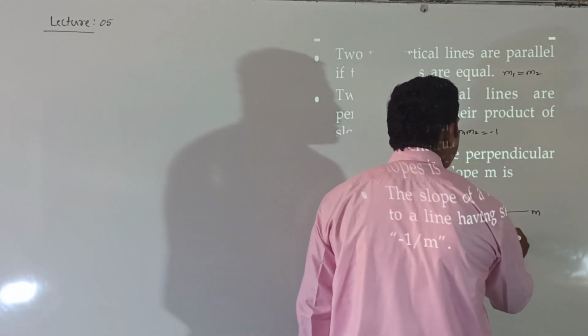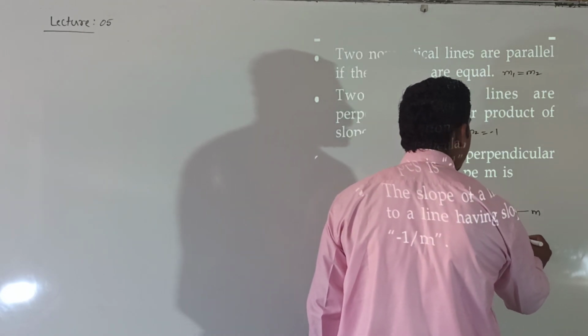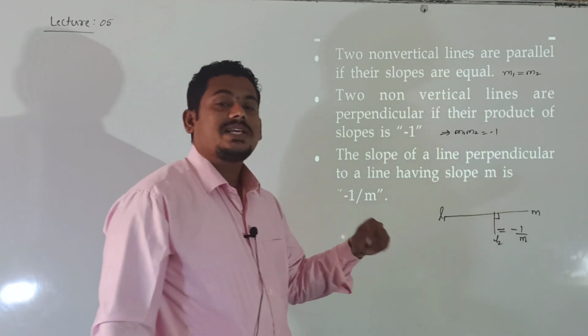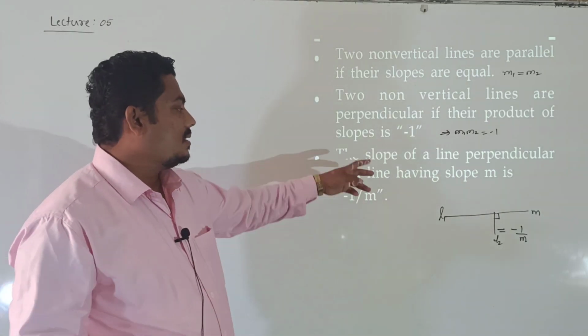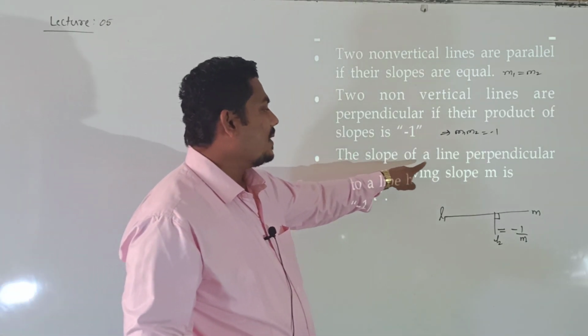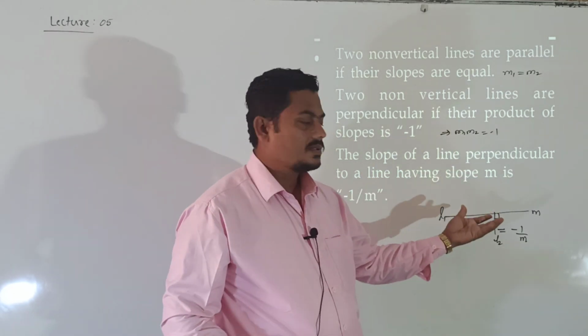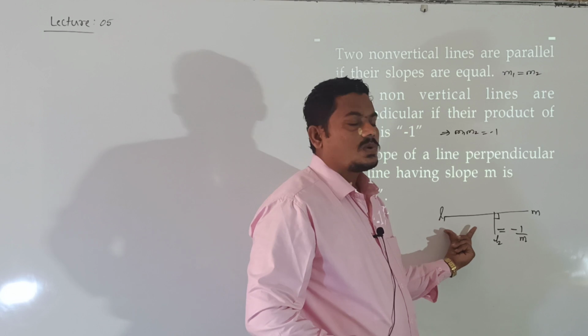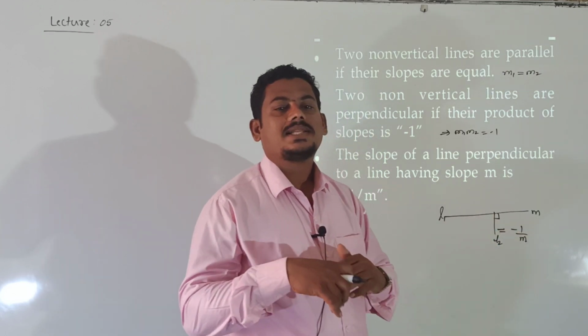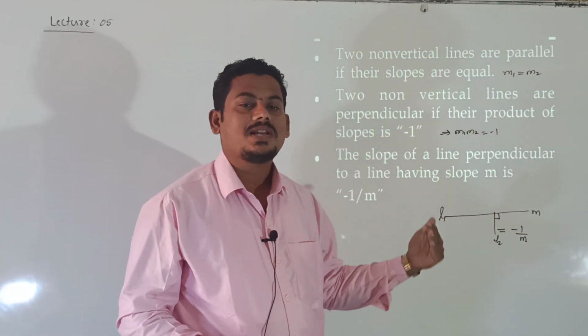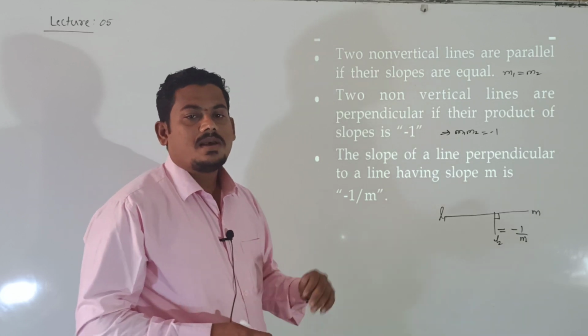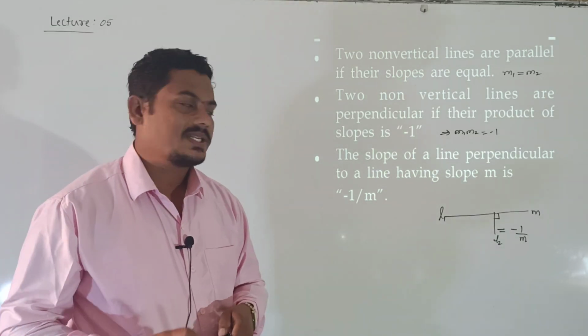Its slope is minus 1 divided by m, the negative reciprocal of the slope of the other line, because the product of slopes equals minus 1.